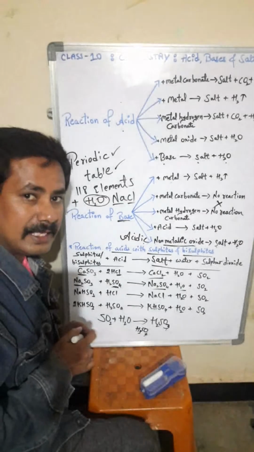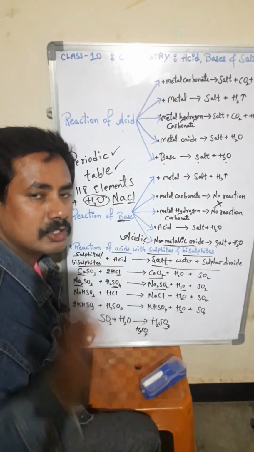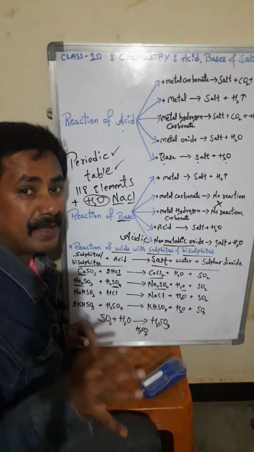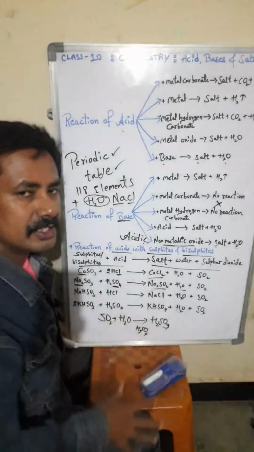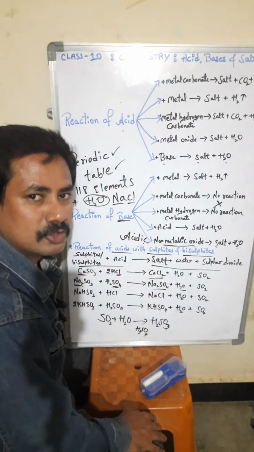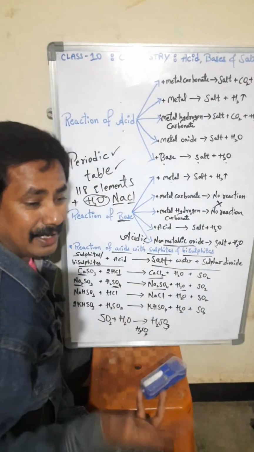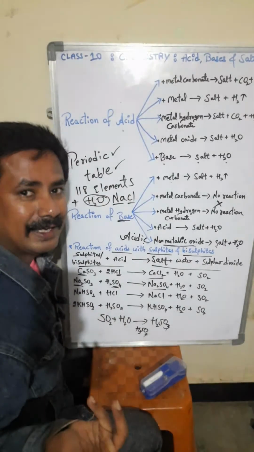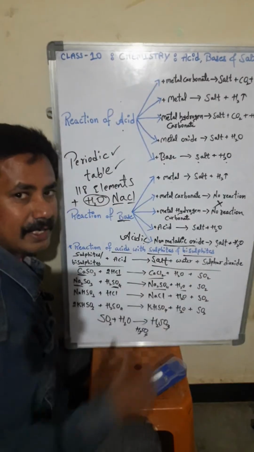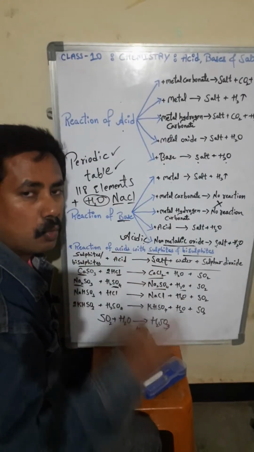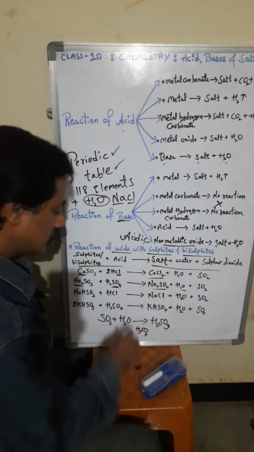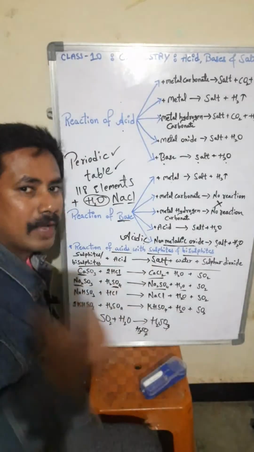So when this water falls on plants or animals, there will be harm. So this condition is known as acid rain, students. What do you mean by acid rain? Simple, the sulfur dioxide is going and combining with the water which is present in the clouds. So the water turns acidic.